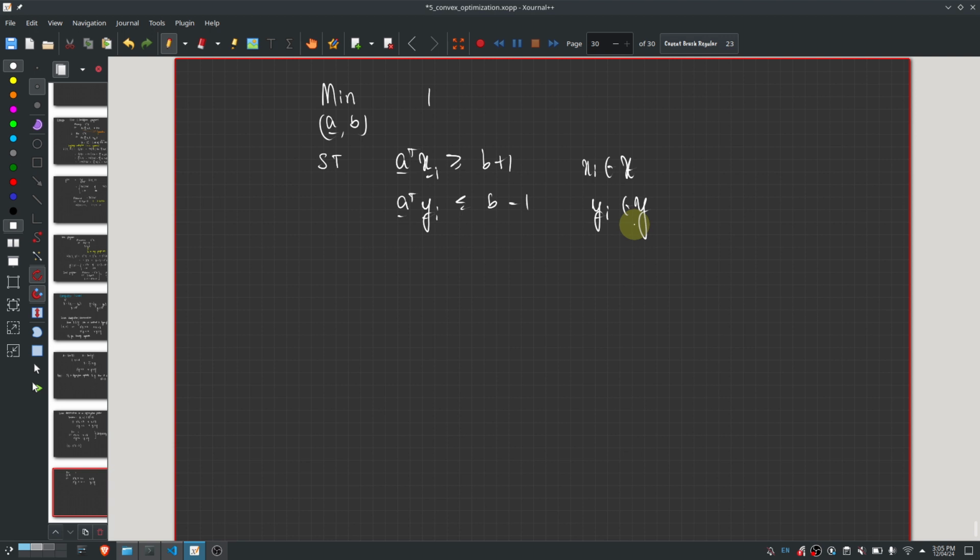Correct. But if I do so, I have another constraint for delta, that delta should be strictly greater than 0, which I want to avoid. In this special case, because scaling both A and B by the same amount gives me the same thing, and these are linear constraints, I can essentially fix the delta to be some positive constant. I just fix it to be equal to 1.